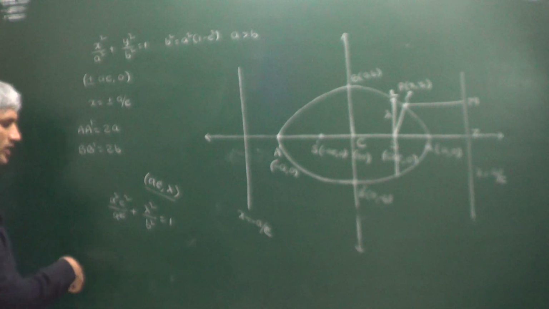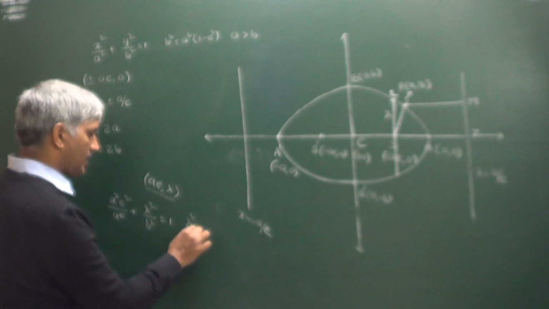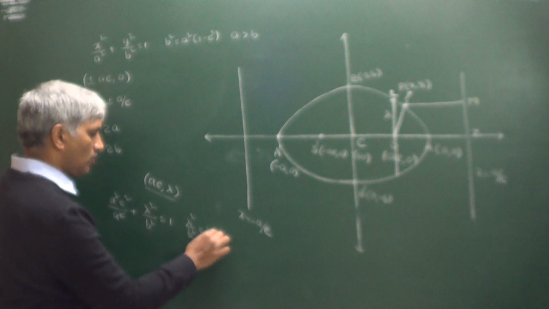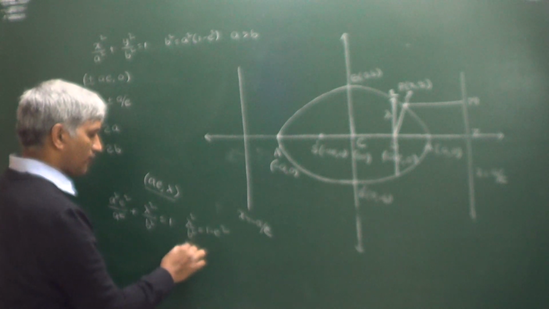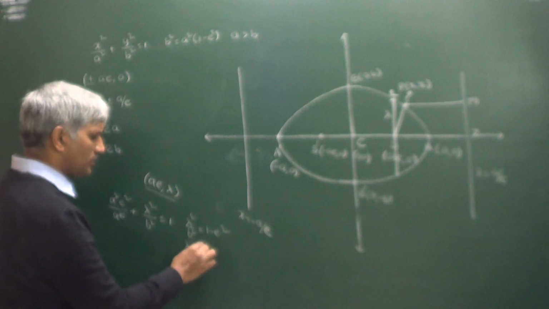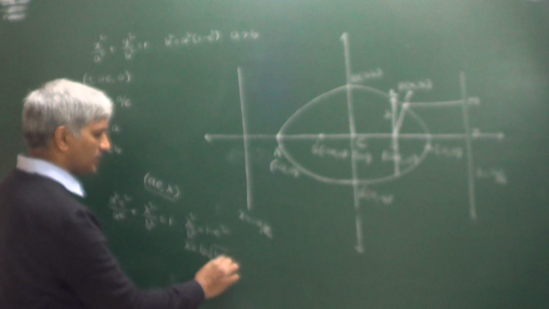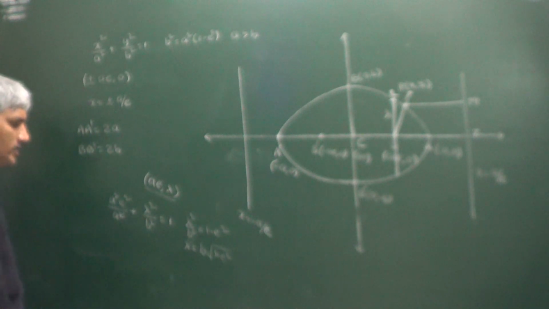So this a² gets cancelled. We are getting lambda²/b² = 1 - e². Therefore lambda = b√(1 - e²). Right?